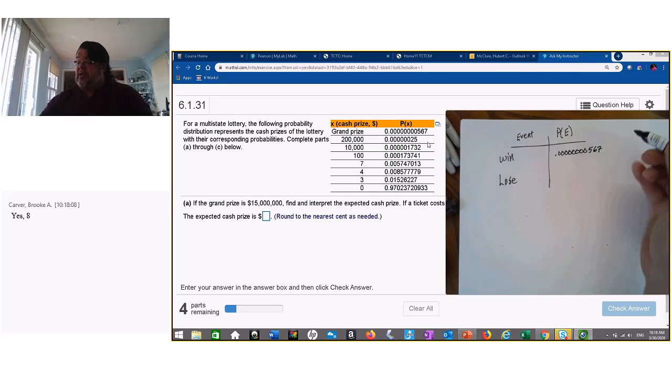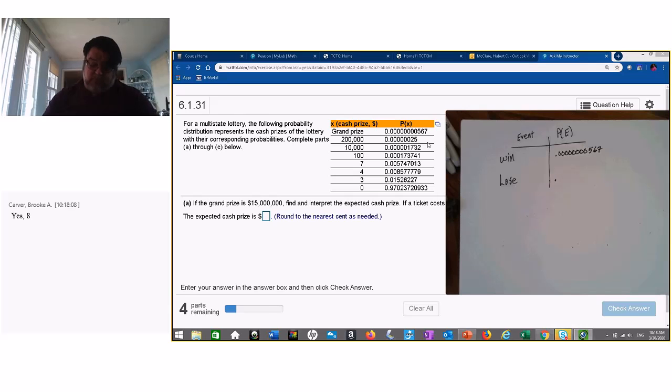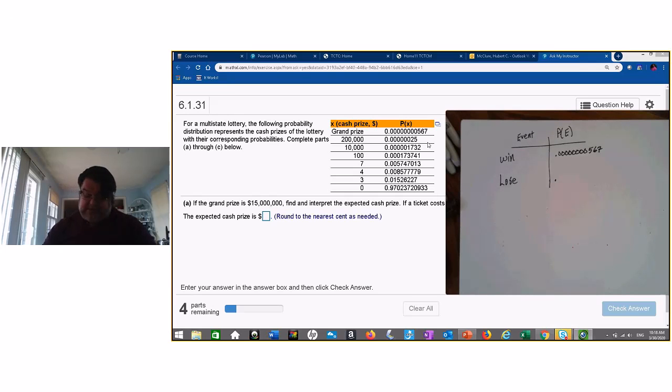And somebody needs to take that away from 1 and give me that number. It's going to be 0.9999 something. So I'm going to take my handy dandy calculator and I'm going to take 1 minus 0.08 zeros. 1, 2, 3, 4, 5, 6, 7, 8, 5, 6, 7.